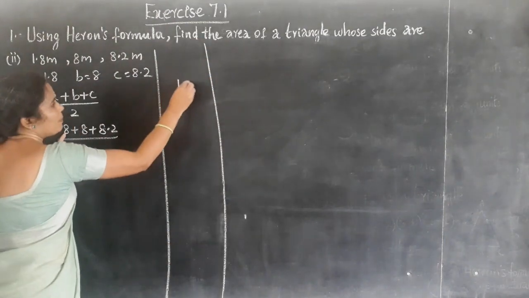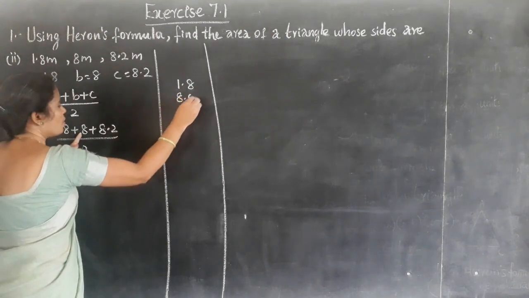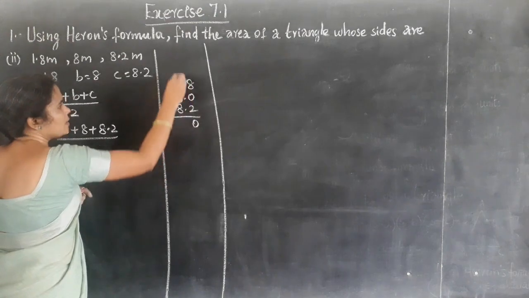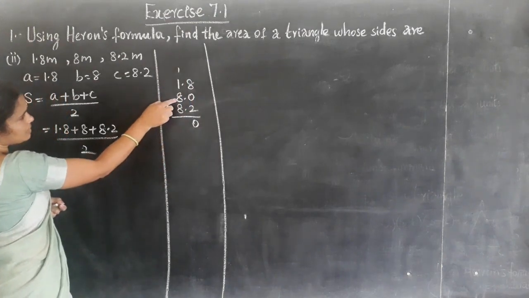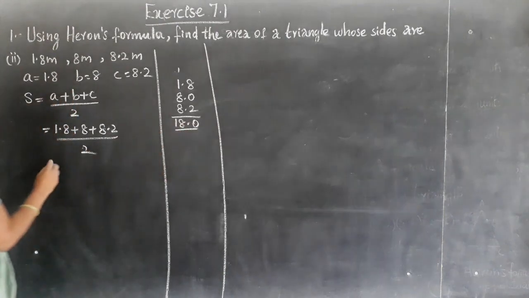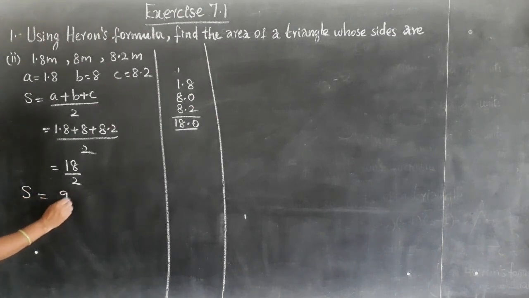Now add 1.8, 8 is a whole number so 8.0, and 8.2. 8 plus 2 is 10, remaining 1, 8 plus 8 is 16, 17 and 18, so 18.0, take it as 18. 18 divided by 2 is equal to 9, so S is equal to 9.